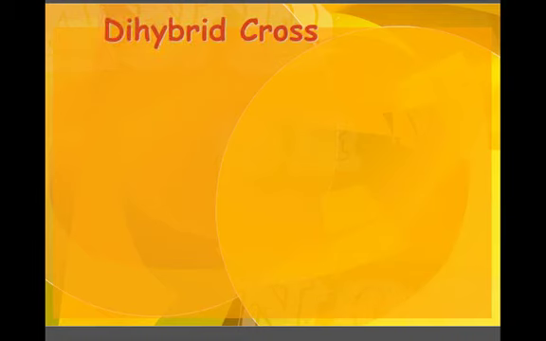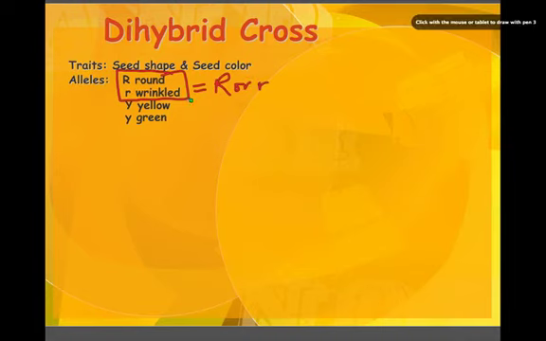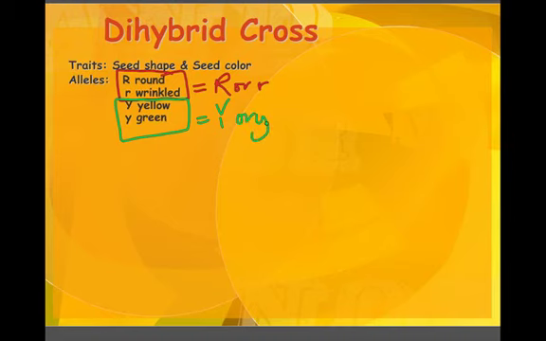So how does a dihybrid cross work? The two traits that we're going to look at are seed shape and seed color. The alleles: you'll notice as we're doing this, seed shape we're designating with the letter big R or little r. Seed color we're doing with big Y or little y.